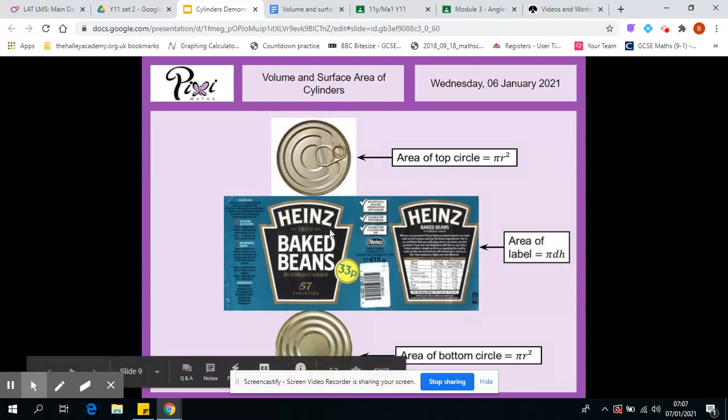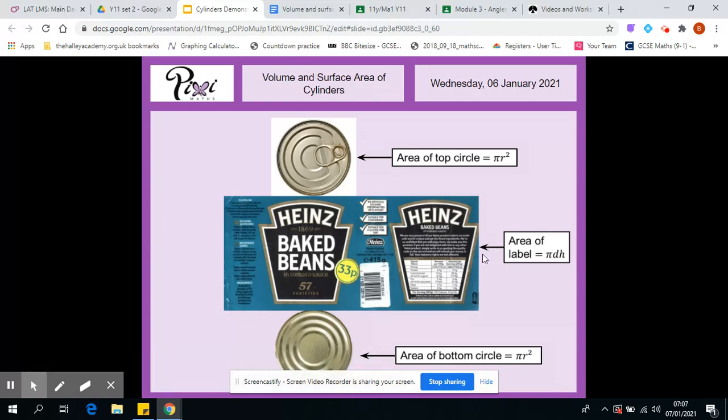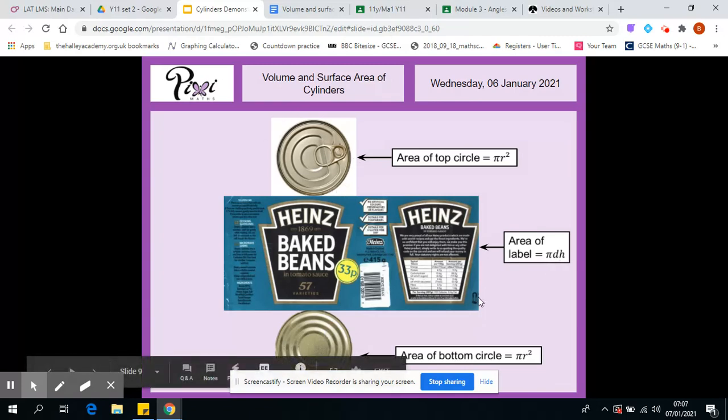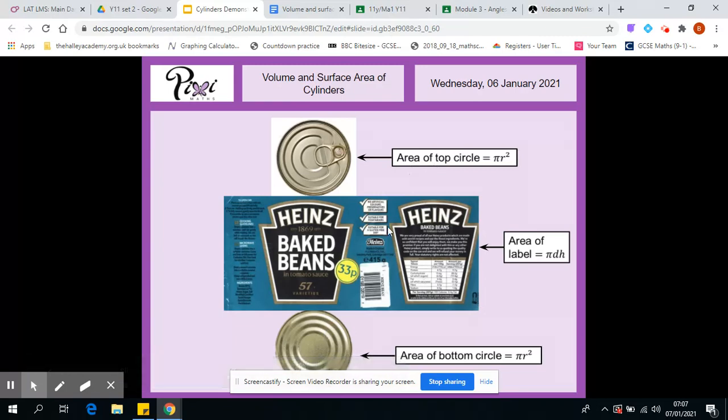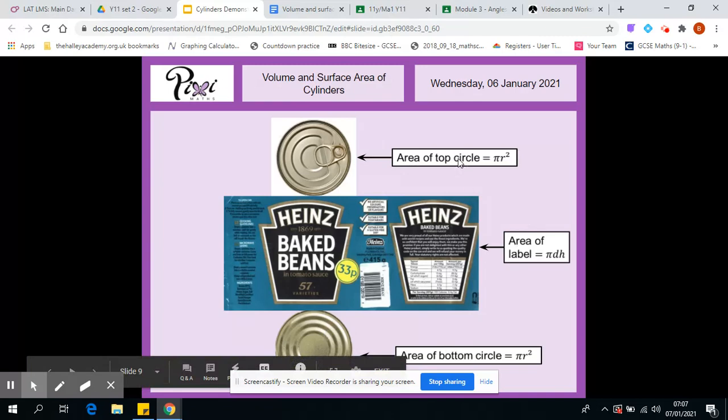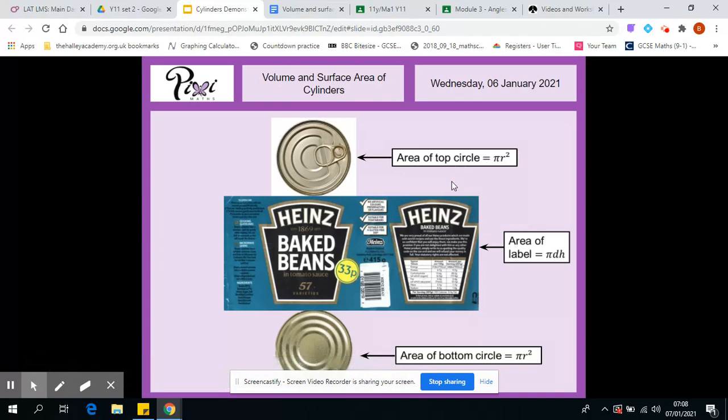To find the area of this rectangle, we use the length, which is the circumference of the circle, pi times diameter, multiplied by its height. Once we calculate the area of each and every single face, we can add them together to find the total surface area of the cylinder.